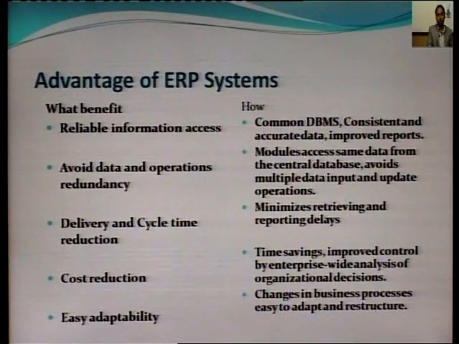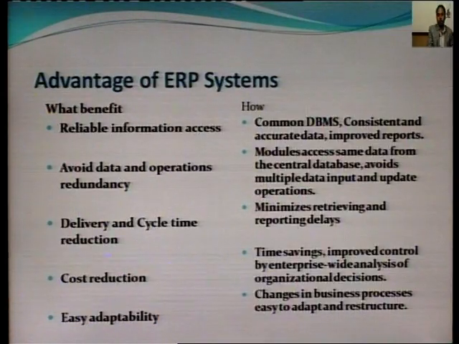Second point is avoiding data and operations redundancy. Because there is only one database, there is no redundancy. Modules access the same data from the central database. Because we have the same database, all the modules are using only one database.